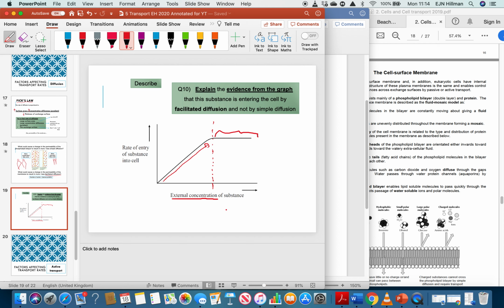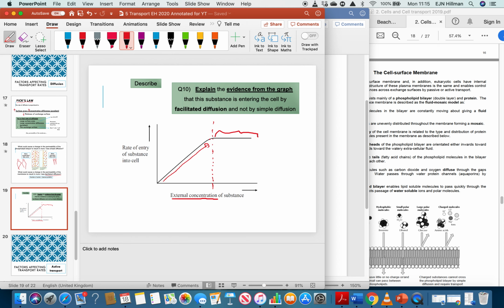If we imagine, the analogy I often give is if you've got a football stadium with only one turnstile open, the number of people getting into the football stadium will be very slow. As each person enters a turnstile, the football stadium will fill up really slowly. If you then increase the number of turnstiles, more people can get into the stadium, it would fill up quicker. That's essentially the idea here.